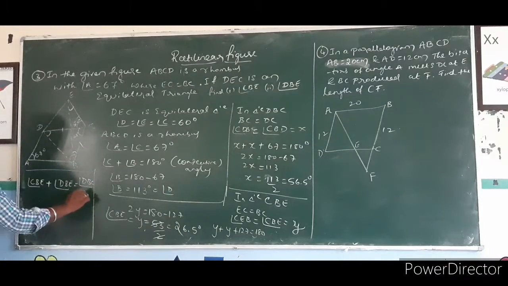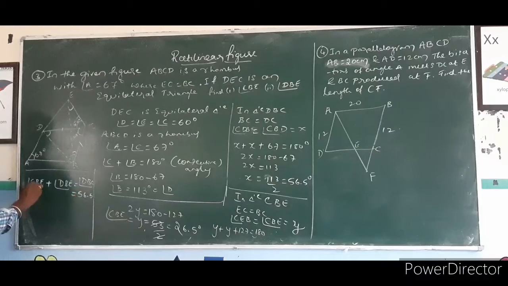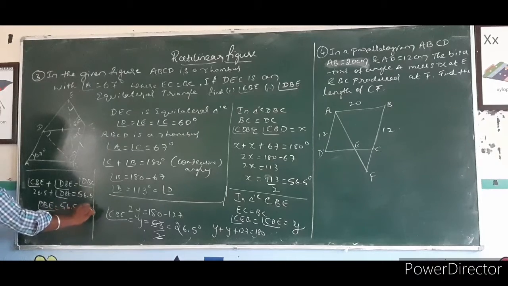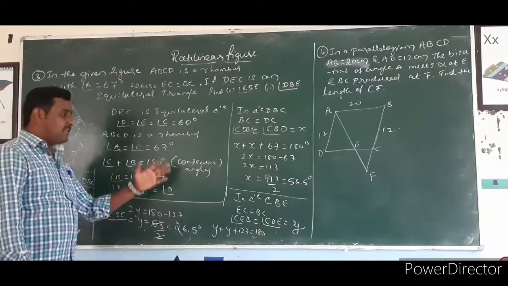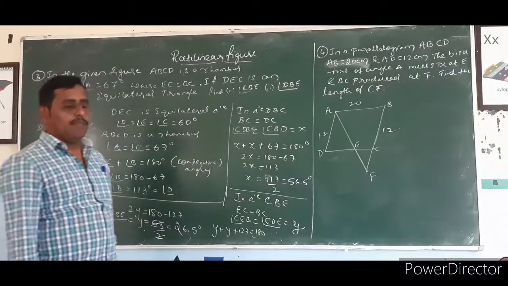That is 56.5. Here CBE we found to be 26.5. DBE we want to find out. So angle DBE is equal to 56.5 minus 26.5, which is equal to 30 degrees. DBE equals 30 degrees. So like this we are going to solve the problem.